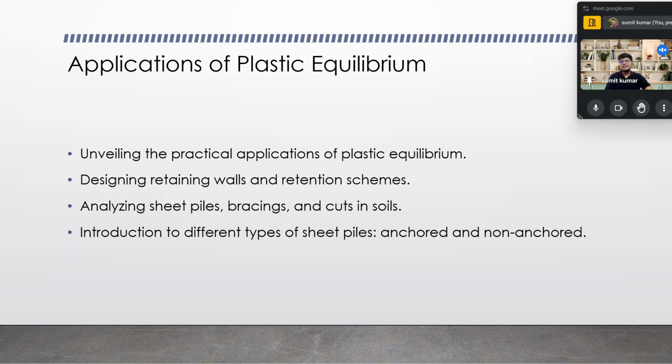We say that unveiling the practical application of plastic equilibrium, it is in retaining walls and retention schemes. It shows the practical implementation. And when we talk about sheet piles, like the bracing and cut of the soil, plastic equilibrium is also represented.